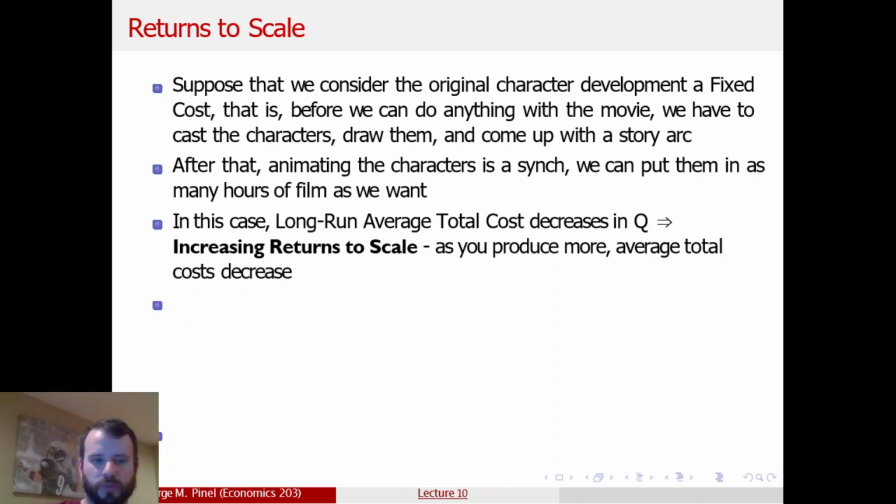So you're probably going to have some maintenance costs that will increase your average total cost over time. But by and large, writing the program is probably the most difficult part, like getting the groundwork in there. And then after that, it's a little bit of maintenance, but a lot of just running what you have to do. So things like that will have increasing returns to scale.